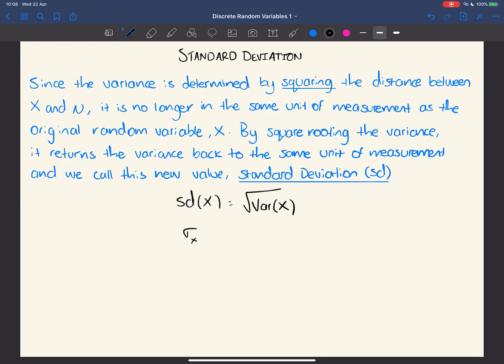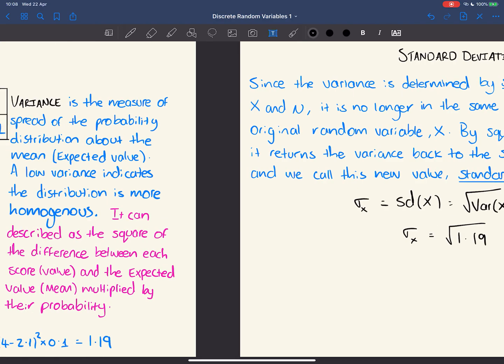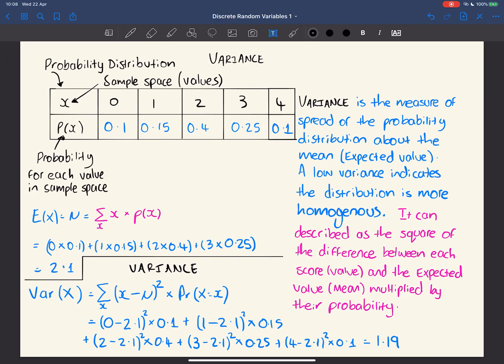So the standard deviation of our probability distribution is just the square root, in our previous example, of, what was it, 1.19? Yes, that was our variance. So we just take the square root.